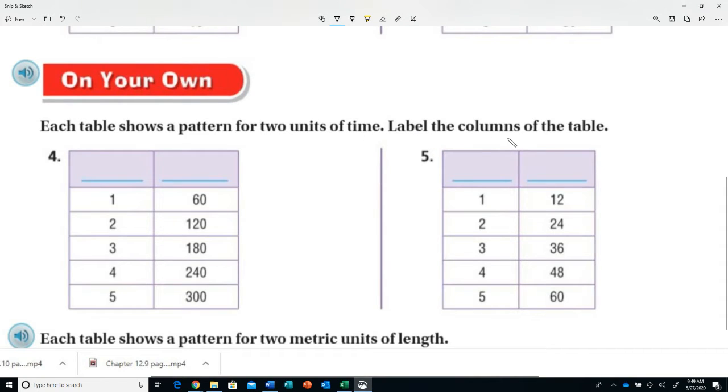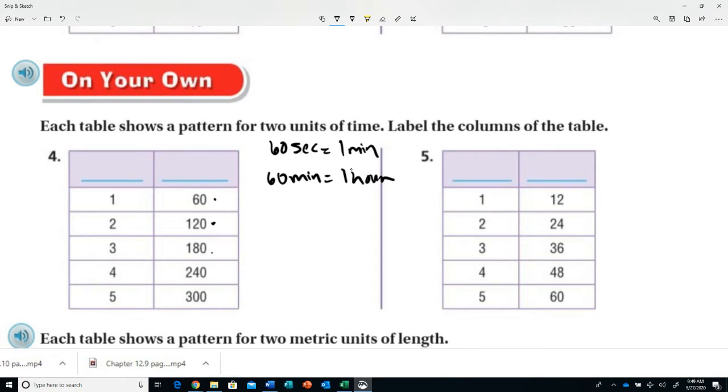Label the columns of the table. So again, number 4, if we're talking about time, we know 60 seconds equals 1 minute, which totally works here. We also know that 60 minutes equals 1 hour. So both of these would work here.